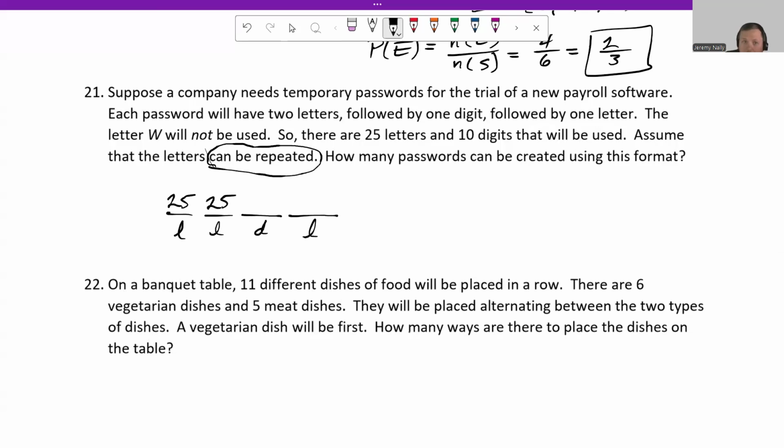And then they said 10 digits, and then one more letter, and letters can be repeated. And then all you're doing is multiplying these. So I get 156,250.